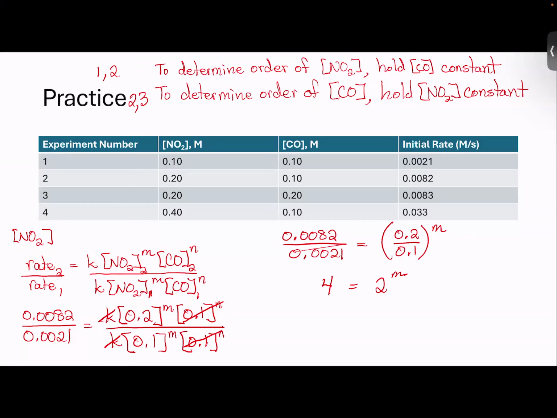Sometimes they're not. So I'm going to go ahead and illustrate the math. We would take the natural log of 4 is equal to m times the natural log of 2. Therefore, the log of 4 divided by the log of 2 is equal to m. So therefore, 2 is equal to m.